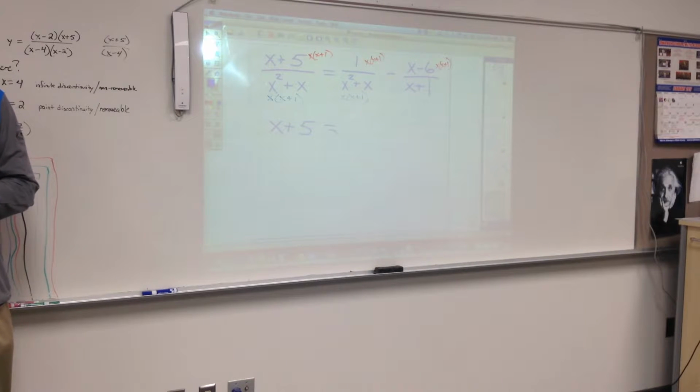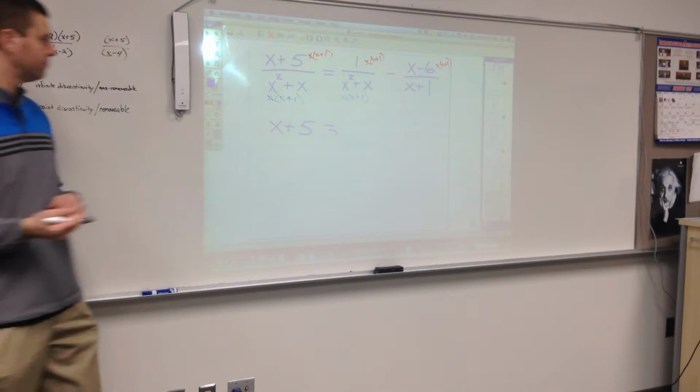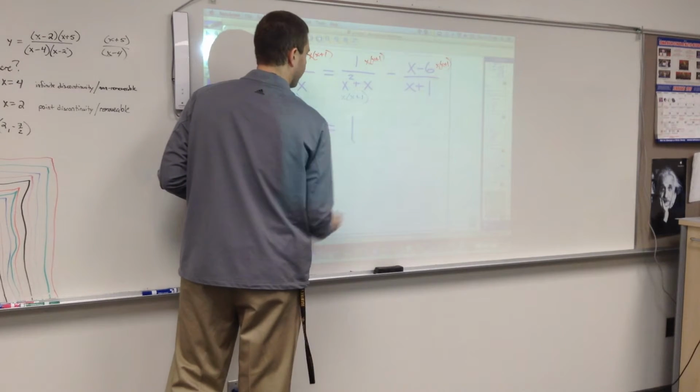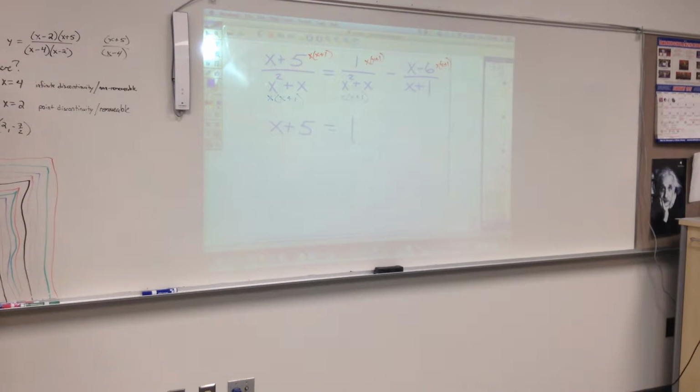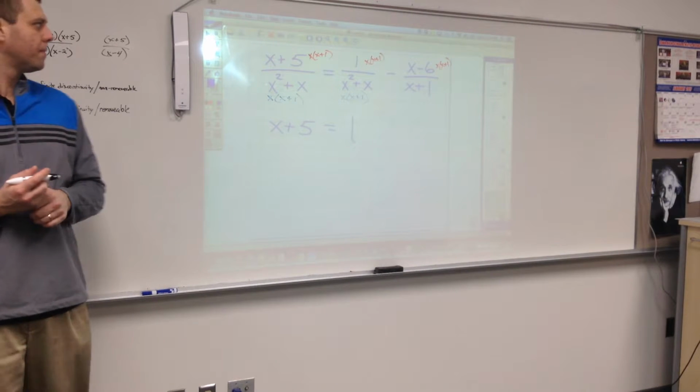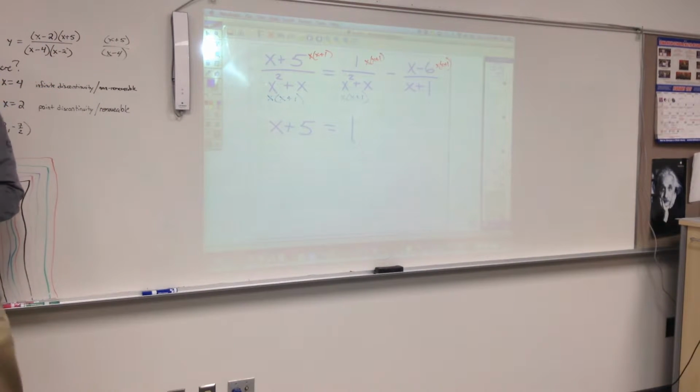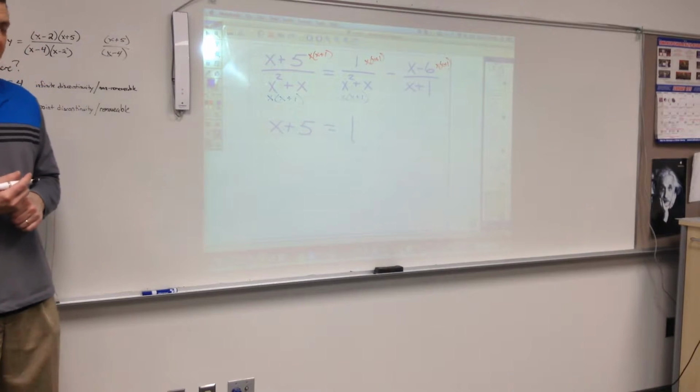Yep, cancels the denominator again, all you're left with is 1. How about the last one? The x plus 1's cancel, so all that's left is x minus 6 times x, which would be what? x squared minus 6x.